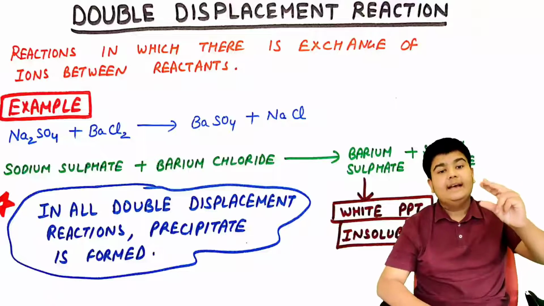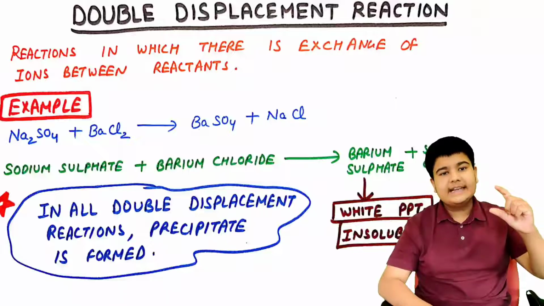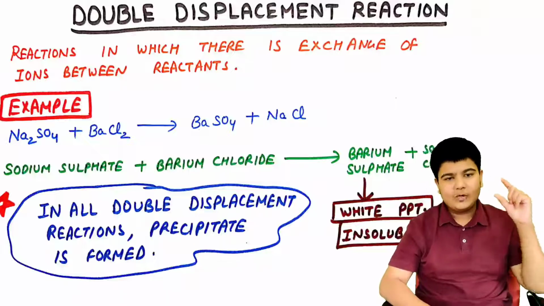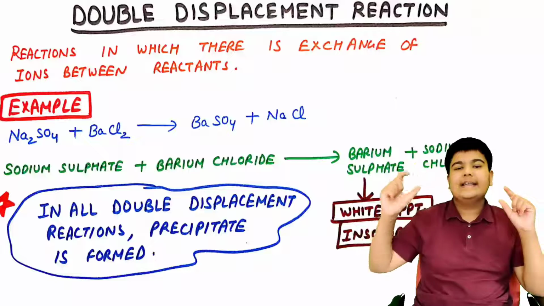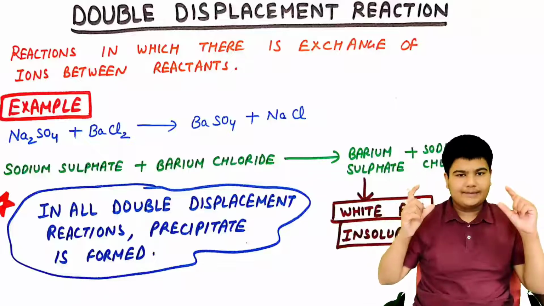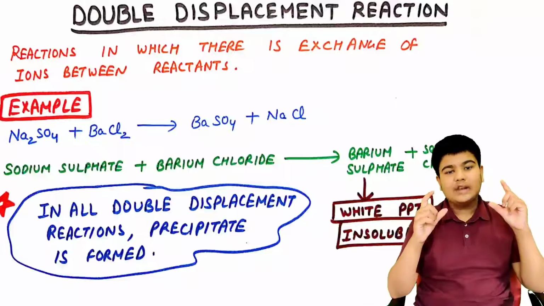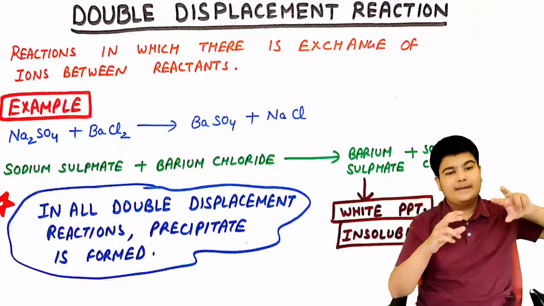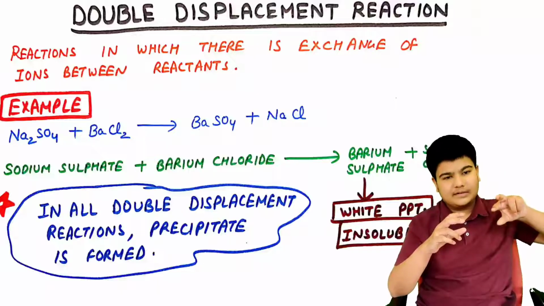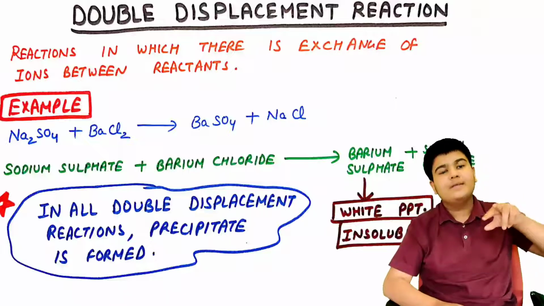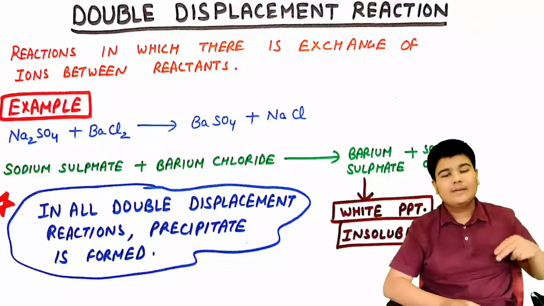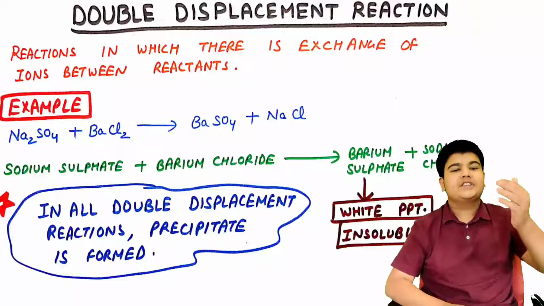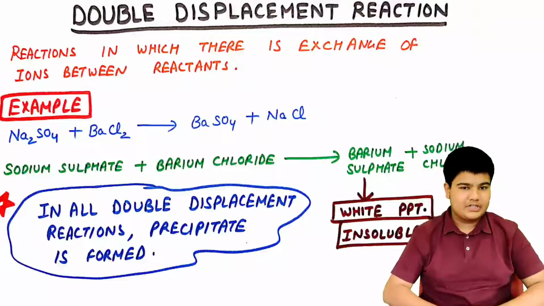Similarly, on the reactant side we have barium chloride, and on the product side we have sodium chloride. So in this, sodium has displaced barium. So in this way, both barium and sodium are displacing each other from the compounds. Such reactions are known as double displacement reactions.